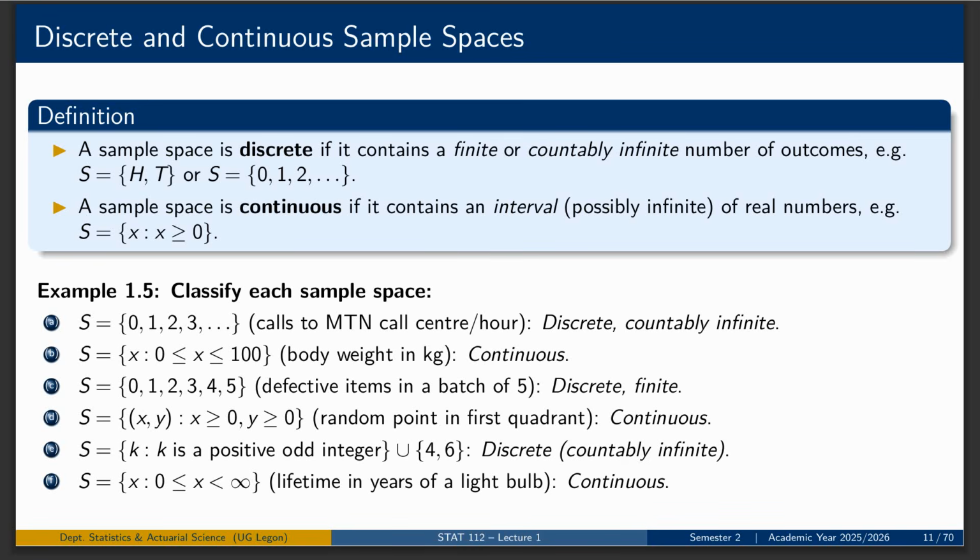We can also look at certain outcomes. Let's say we toss a die twice, and we define A as the sum equals 7. So you need to go through all the sample space and find which combinations of numbers will give you 7.